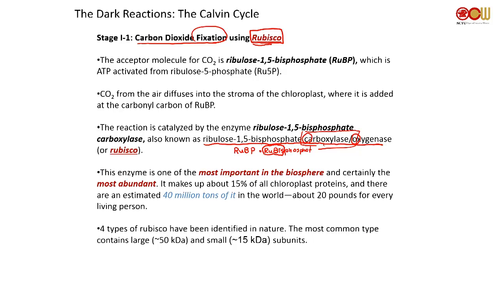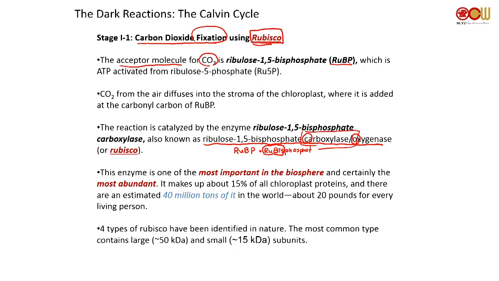So far we talked about only those 2 carboxylases. Carboxylases tell you that it's an enzyme that can fix CO2 or bicarbonate, but essentially a CO2, 1 carbon, a fully oxidized carbon. So the acceptor molecule for CO2 is this RuBP, and we saw in the previous slide that RuBP is the activated product of Ru5P.